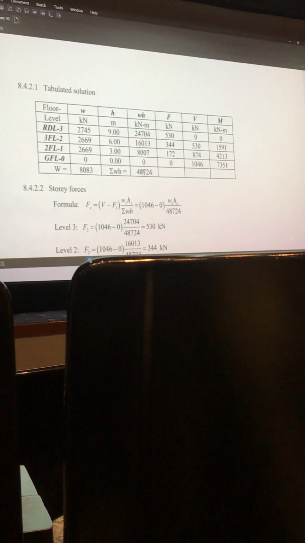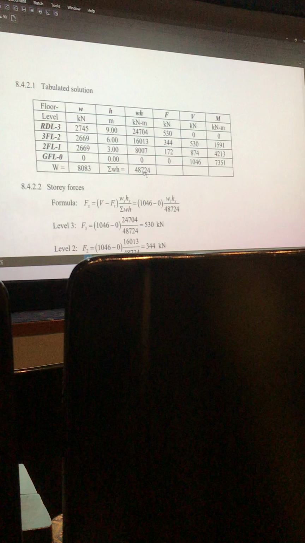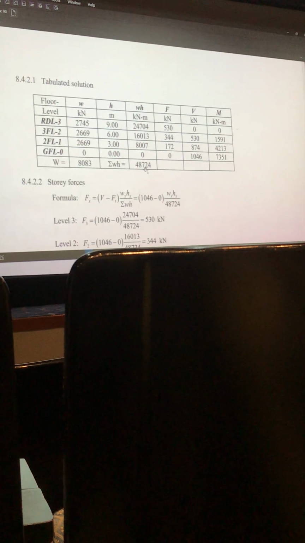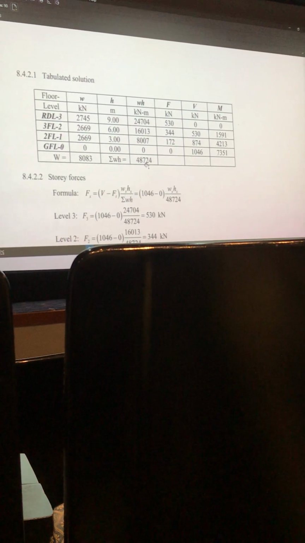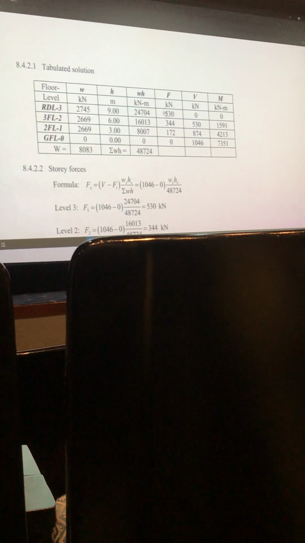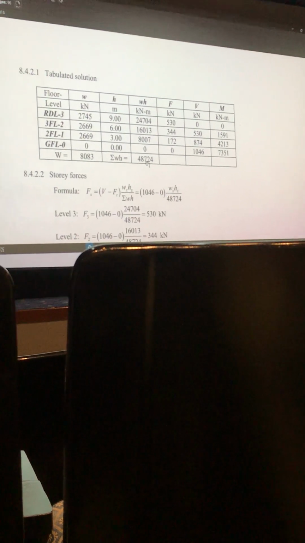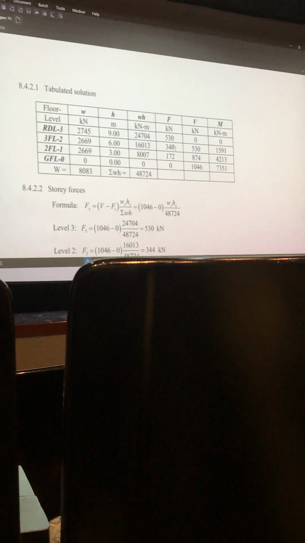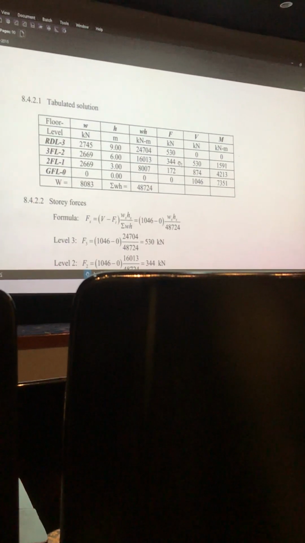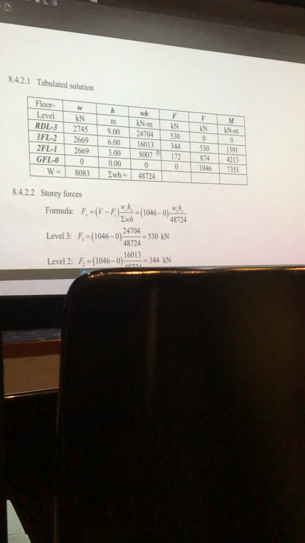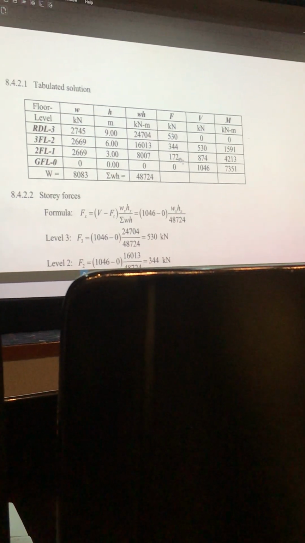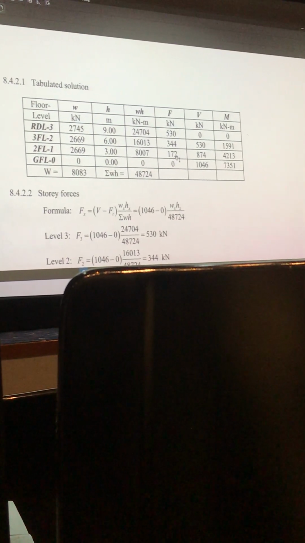So this value divided by the sum, multiplied by V minus Ft, in this problem Ft is 0, so you have only V. You get 530, then 16,013 divided by 48,724 times the base shear, you get 344. The same ratio multiplied by 8,007, you get 172.